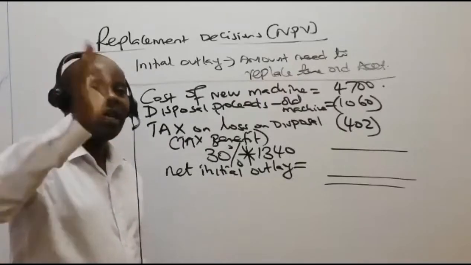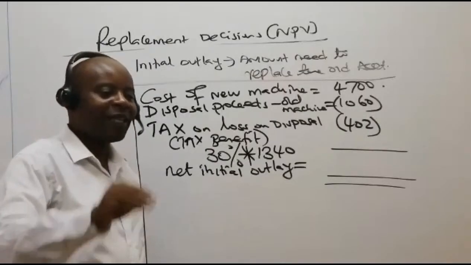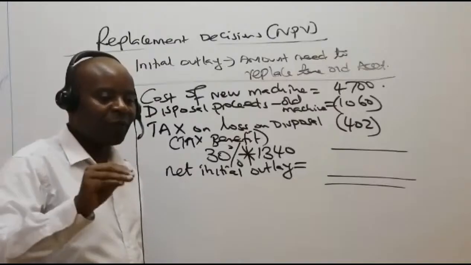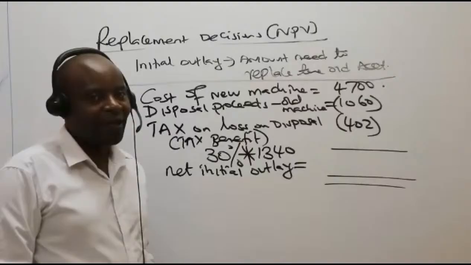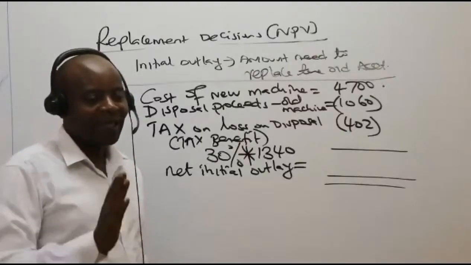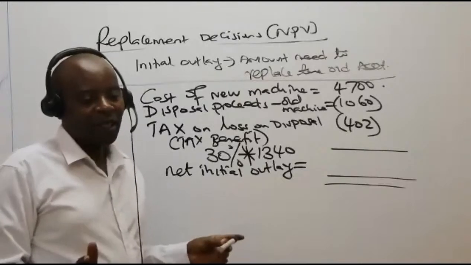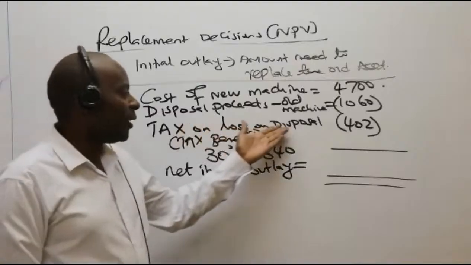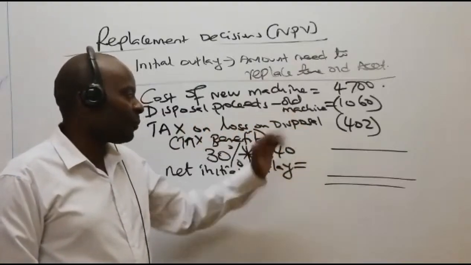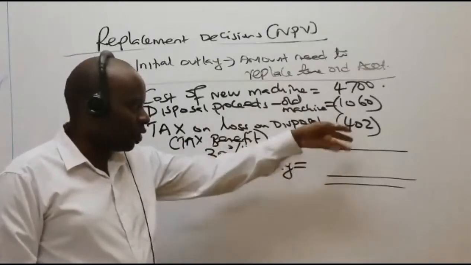Although in all the many years that I've taught, I've never seen a replacement question where the old asset is sold at a profit. It will be very hard. All of them, we are making a loss. But should we make a profit on disposal, that becomes an expense on us. So we would do the opposite of this, which is adding.